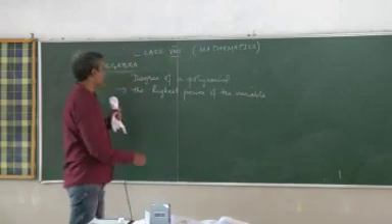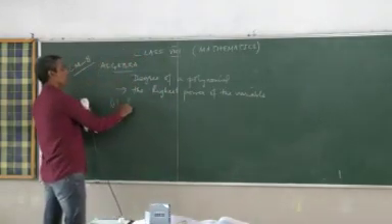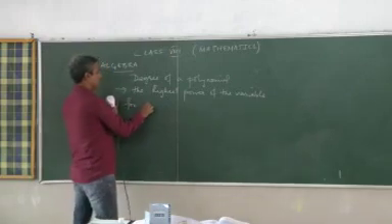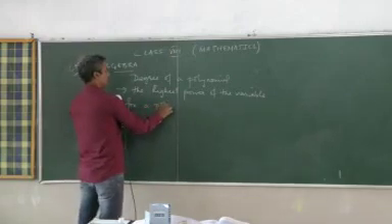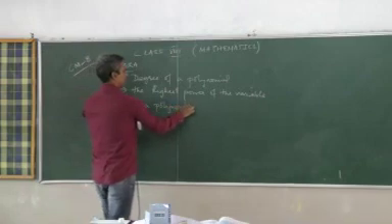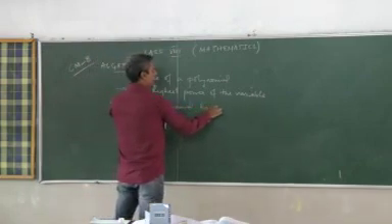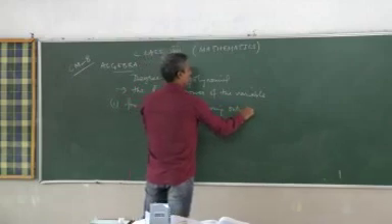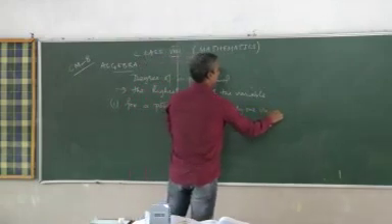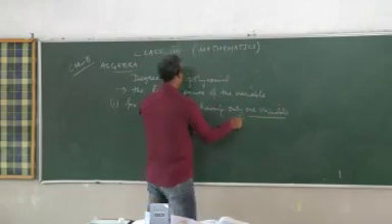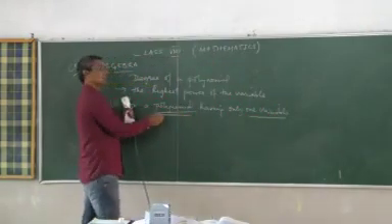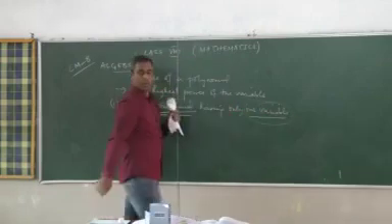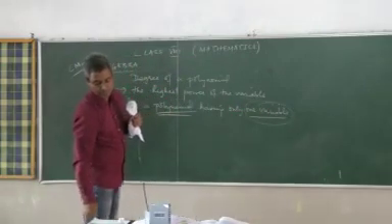Now, to find the degree of a polynomial for one variable, a polynomial having only one variable. It is a polynomial, but it is having only one variable. Let me give you an example.